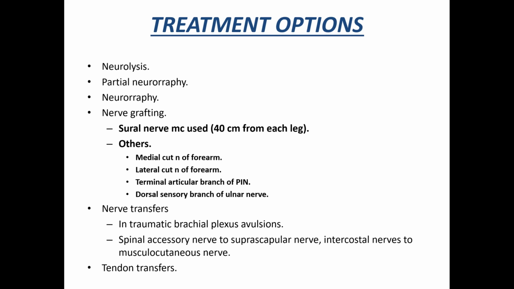to restore its function. For example, a very commonly done tendon transfer is pronator teres to extensor carpi radialis brevis and longus. Pronator teres is supplied by median nerve. ECRB, ECRL are supplied by radial nerve. And ECRB, ECRL, they are responsible for dorsiflexion of wrist joint.